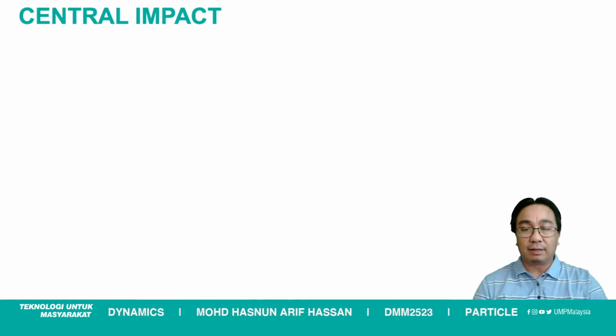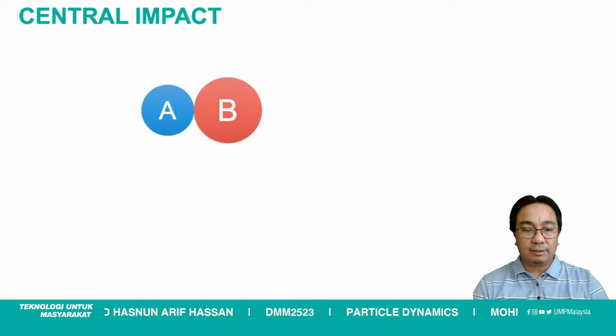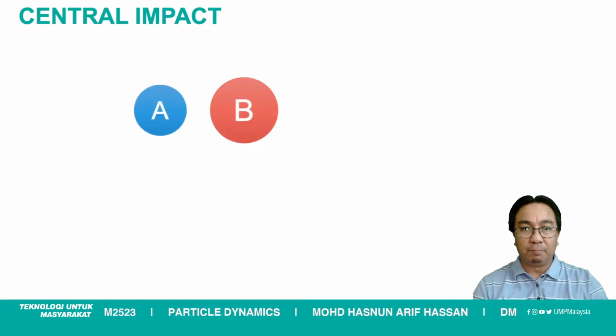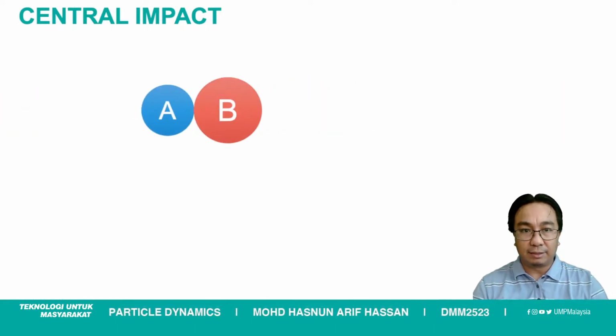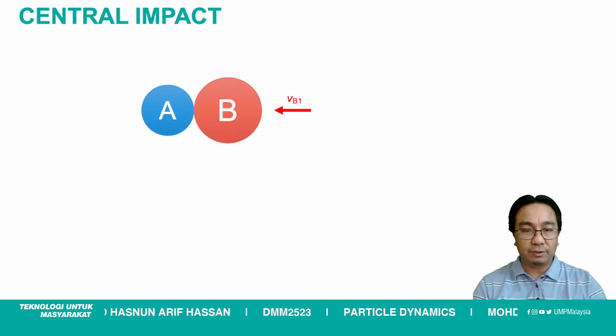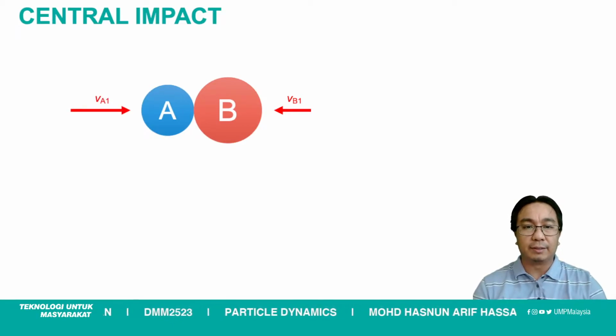What is central impact all about? In this animation, you can see that particle A and particle B collide with each other. VB1 is moving to the left and VA1 is moving to the right.